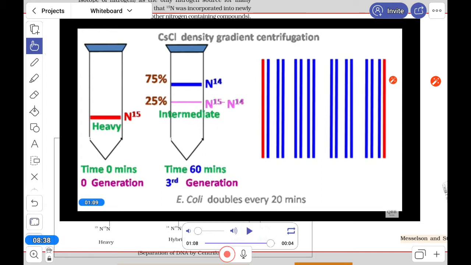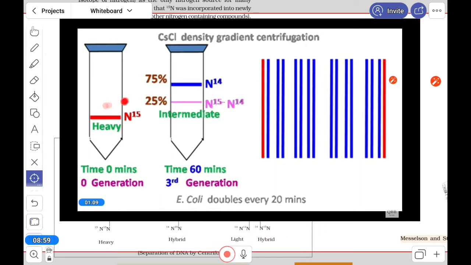From that video it is clear that first, in heavy nitrogen, both strands were heavy, and it shows in red color. You can see this one, and this.